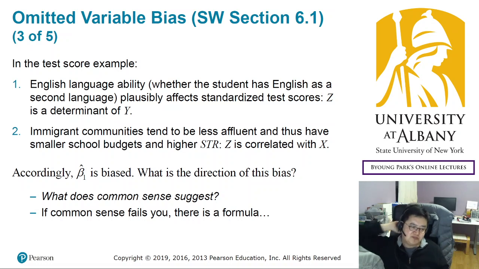So then, if my rationale is correct, then your estimator will underestimate the true effect of student to teacher ratio, and the bias is negative. That's what I expect, and what you have to think about in this analysis.